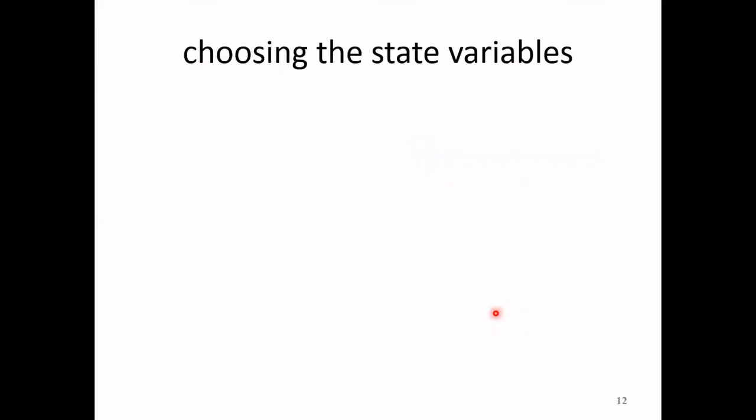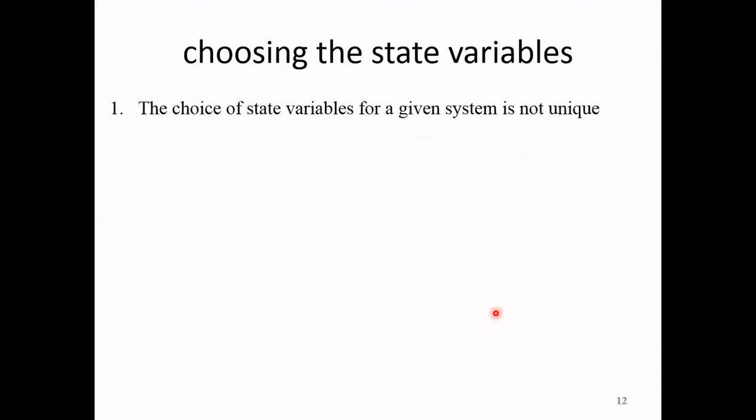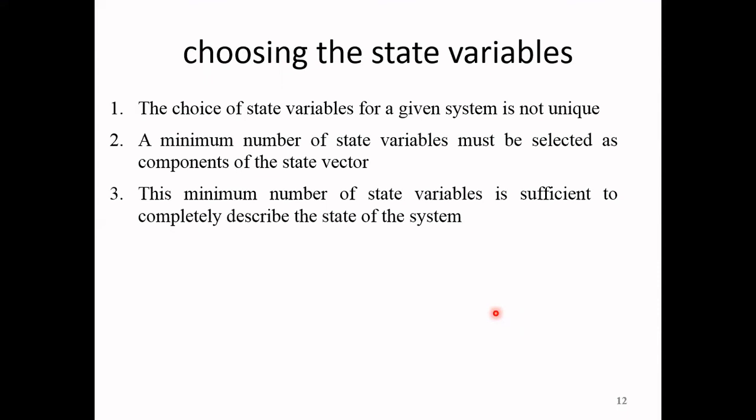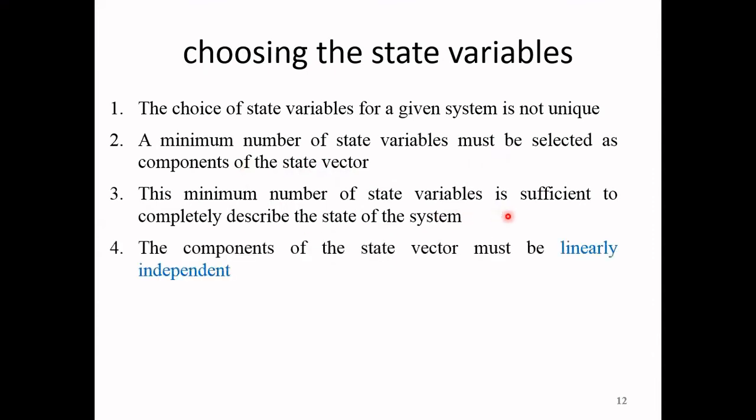How to choose the state variable? The choice of state variable for a given system is not unique, and a minimum number of state variables must be selected as components of the state vector. State vector is the vector of state variables, so we have to choose the minimum number of state variables, and the minimum number of state variables is sufficient to completely describe the state of the system.